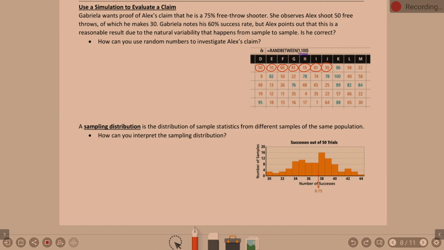What does that mean about 76 to 100? He's missing. That's the other 25%. Those are the times he's missed it. Could these pieces be reversed if you had chosen that way? You could. You could have said 1 through 25 was missing it, and 26 through 100 is making it. But in this case, all of these numbers below 75 are the times he is making it, and that's based on his claim.